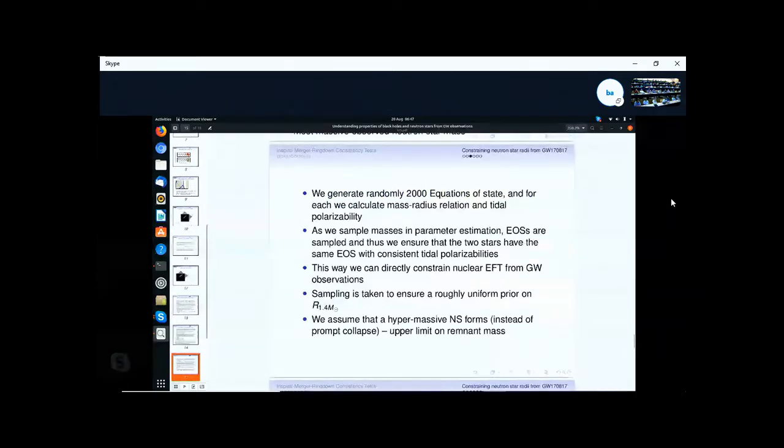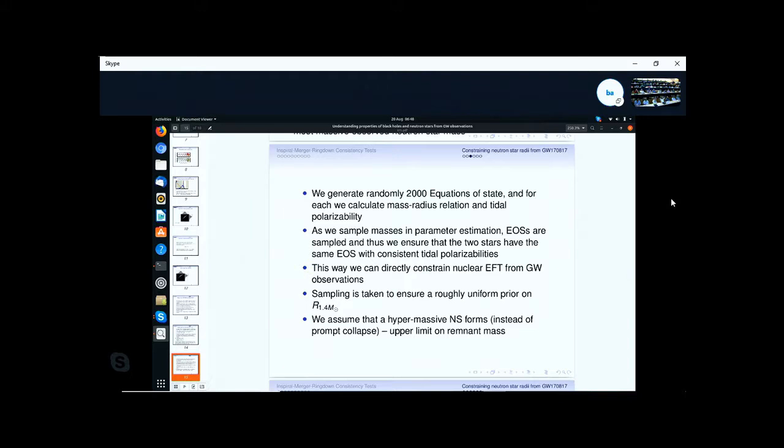And then what you do is you generate a couple thousand equations of state randomly based on the parameters of the EFT. And for each of these 2000 EOSs, you solve the TOV equations, and you get the mass-radius relation and the tidal polarizability. And then you're in business.